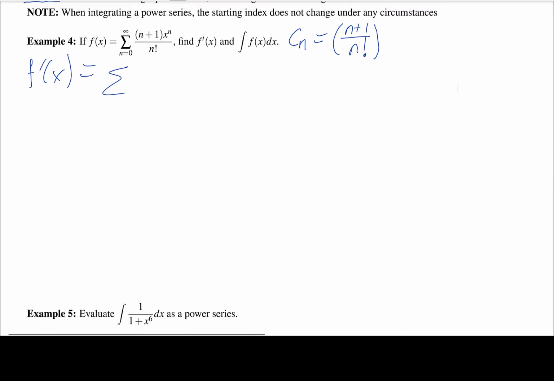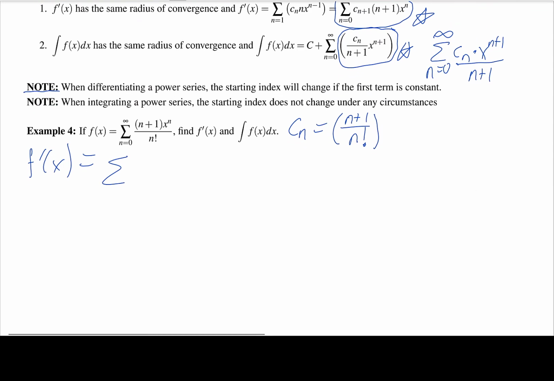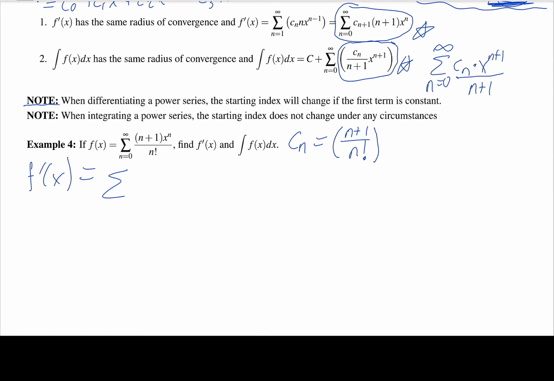Okay, now let's look at example 4. I'll leave this formula up here so that we can refer to it. Our formula says that this should be the sum from n equals 1 to infinity. First, I want to check, should my starting index change? Meaning, should it start at n equals 1?